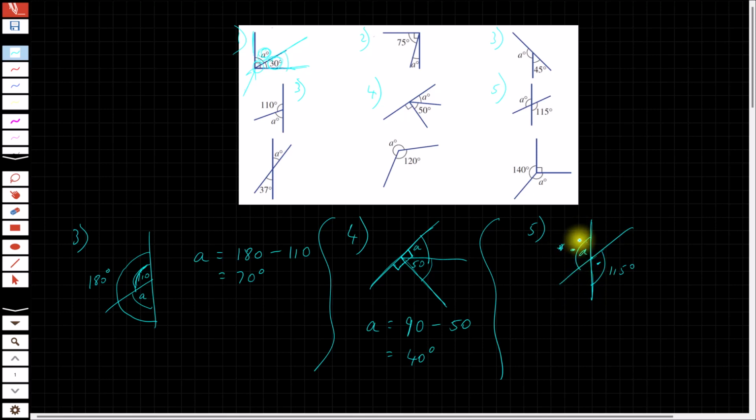So this angle here is equal to this angle here, and this angle here is equal to this angle here. So we know that A equals 115 degrees. Opposite angles are equal.